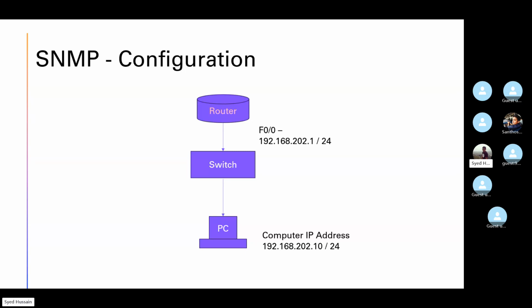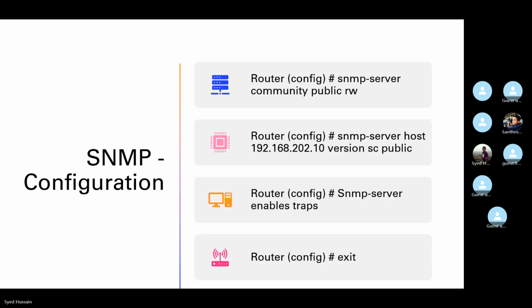We take this router configuration, and you can see the router and this computer's address are in the same subnet. This is how we configure SNMP. Next is another SNMP server configuration.